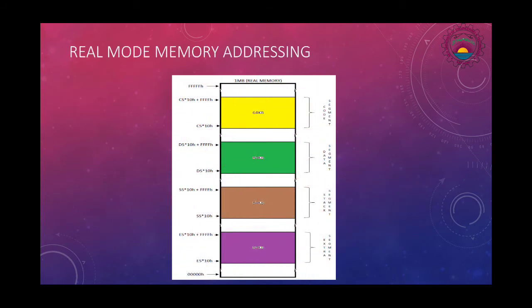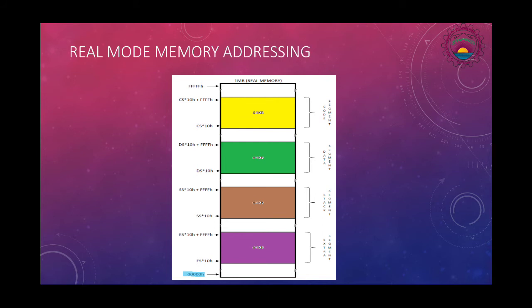Now we have to discuss the concept of real memory. As we have discussed earlier during the topic of hardware specification of microprocessor, that address bus of both of the microprocessors 8088 and 8086 is of 20 bit. So the minimum address generated by microprocessor may be 20 zeros.